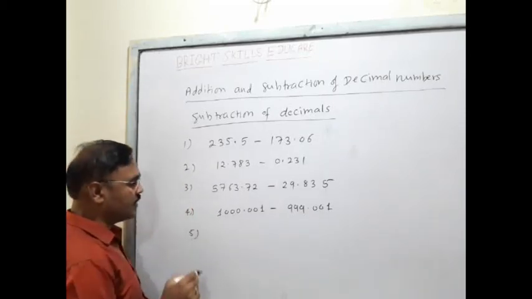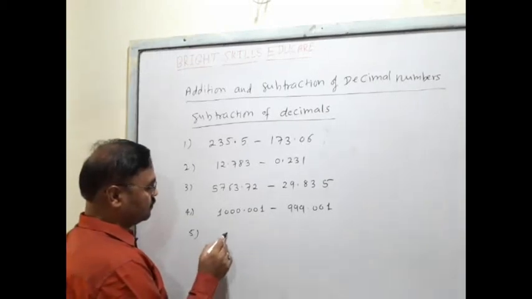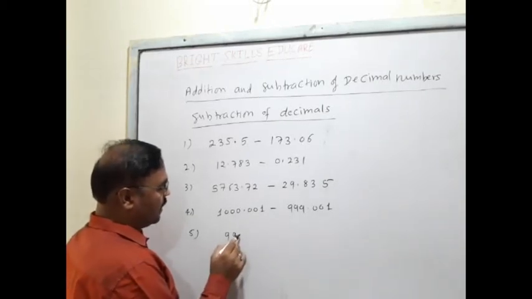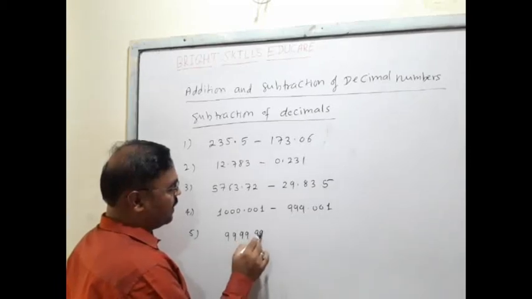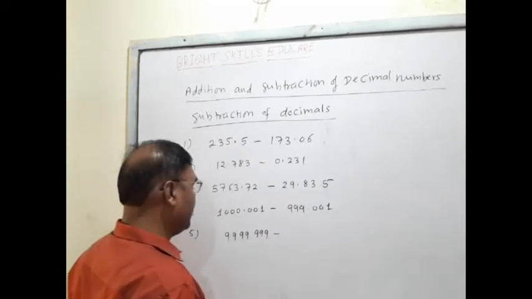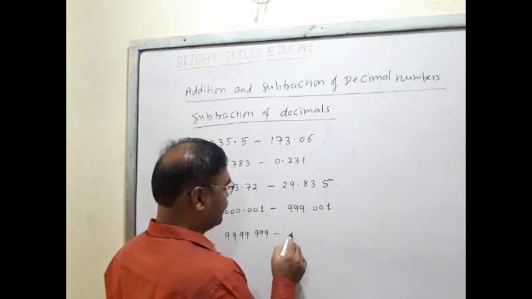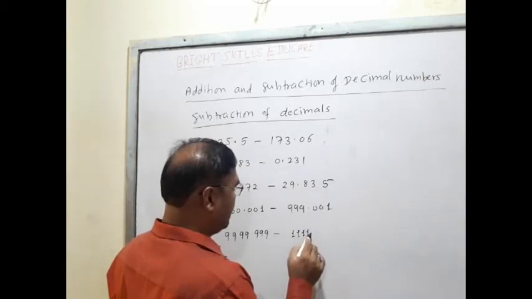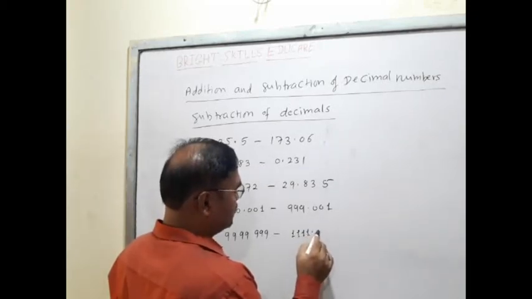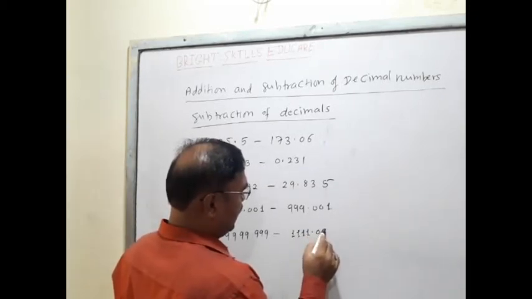And the fifth sum, 9999.999 minus 11.080.